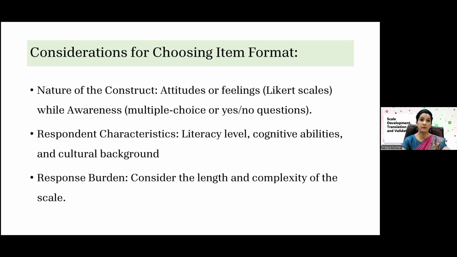And you need to understand the burden also, because if the respondents are very burdened by your questionnaire, like many of you say, if you get bored towards the end, you just go on filling the options without reading the items. So for this response burden, you should consider the length and complexity of the scale. You should prepare your scale so that it does not pose a burden on the person who is filling it.